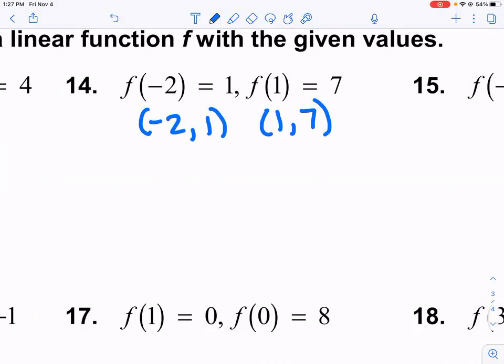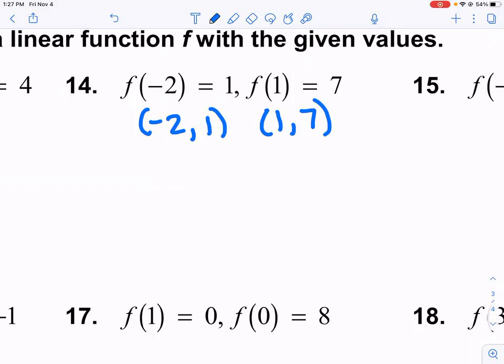So if I want to write a linear function, what do I need? Yeah, if I have 2 points and we're talking about a line, you better find slope.